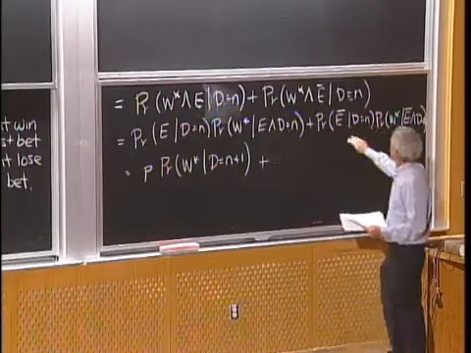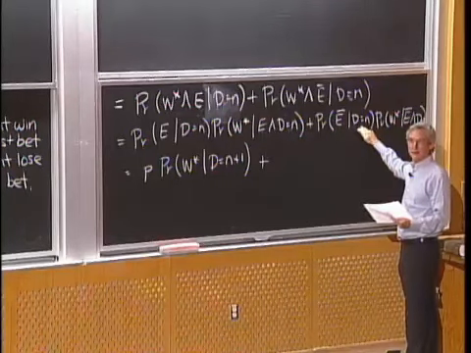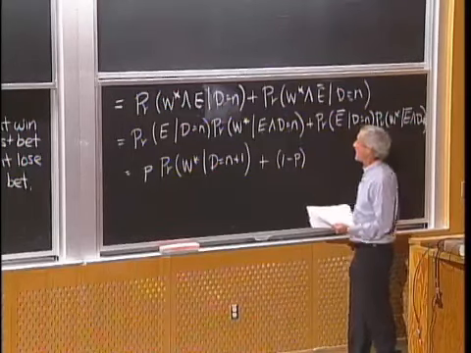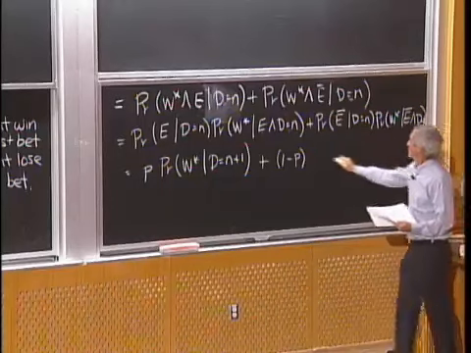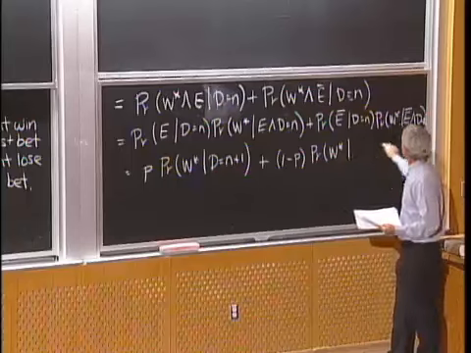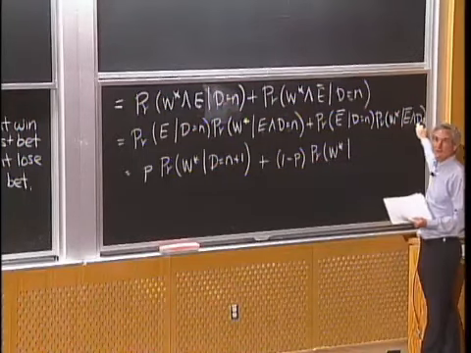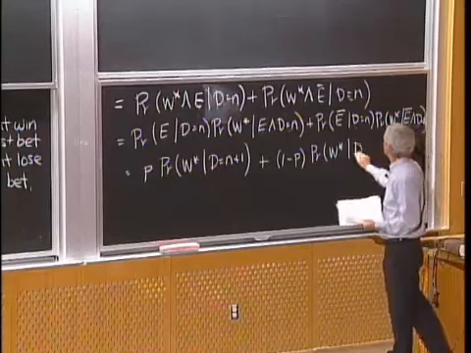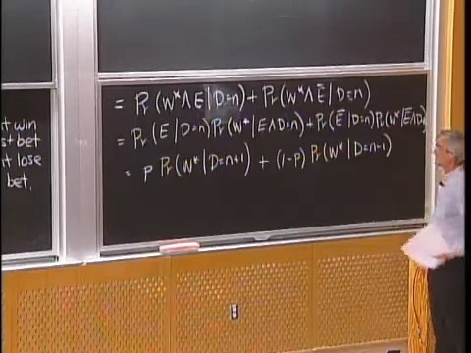Probability of losing the first bet, given that I started with n dollars, is 1 minus p. It doesn't matter how much I started with. And here I want to know the probability of going home happy, given that, well, if I lost the first bet and I started with n, what have I got? n minus 1. It doesn't matter how I got to n minus 1.